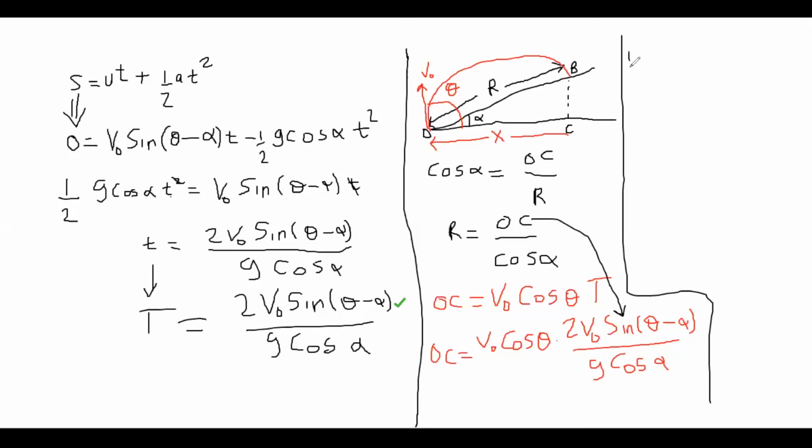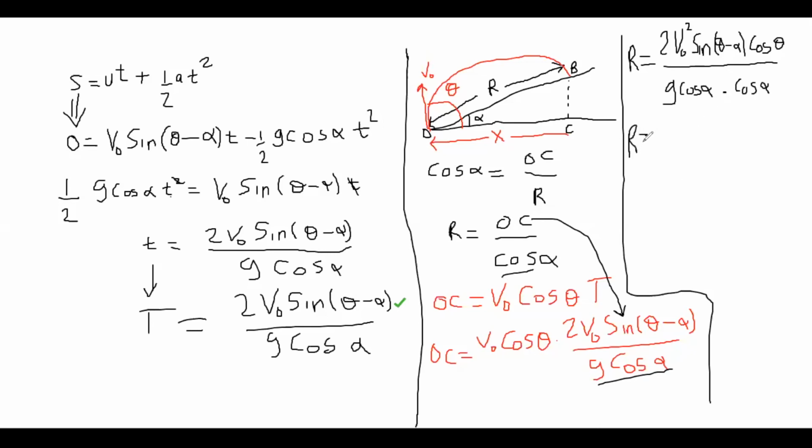Therefore, R will be equal to V naught times V naught, which is 2 V naught squared, and then sine of theta minus alpha, I multiply by cos of theta, and then all this I divide by g cos of alpha, and I multiply by cos of alpha in the denominator.